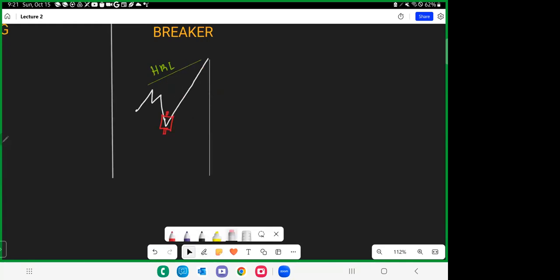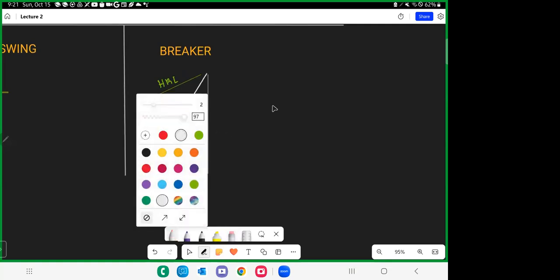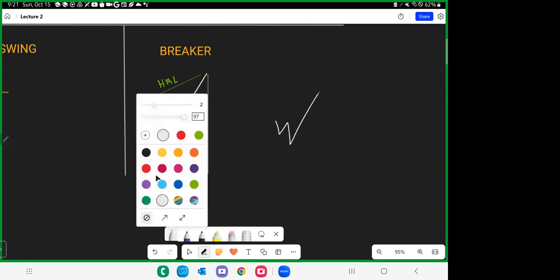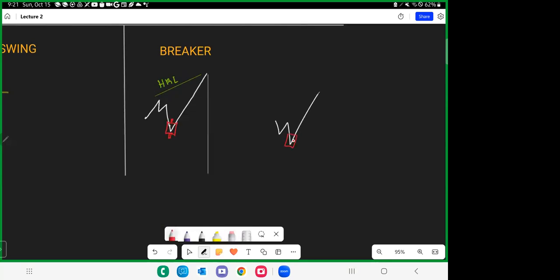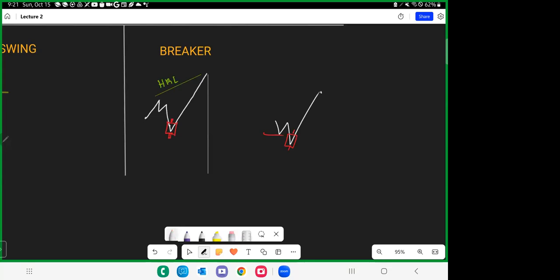If you were to look at a chart and see this and that, and then boom, the very first thing you say about this down close candle is that it's an order block. You say that's a highly probable order block. Why? Because it took out liquidity and it rallied higher. So a breaker is nothing but what used to be a highly probable order block.